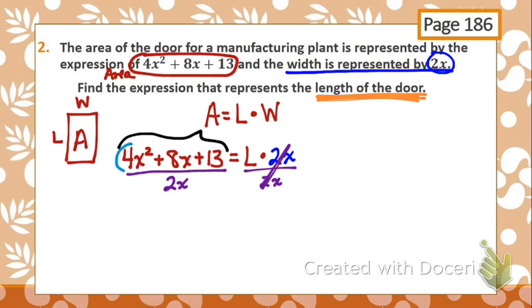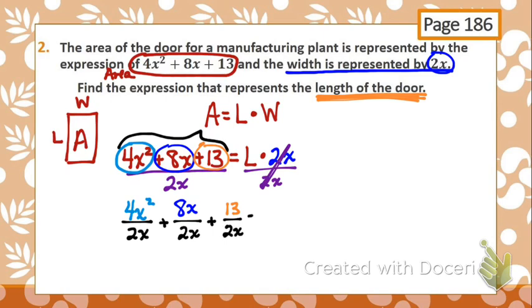So I'm going to write one fraction where 4x squared is my numerator. I'm going to write one fraction where 8x is my numerator. And I'm going to write a last fraction where 13 is my numerator. And I'm going to reduce each of these fractions, and that will be the expression for my length.